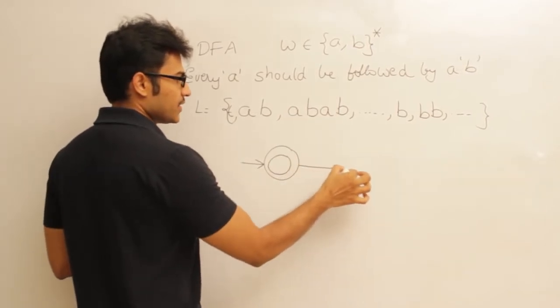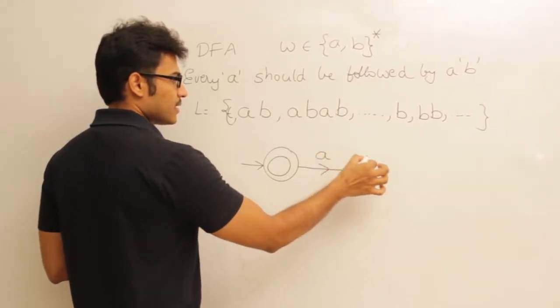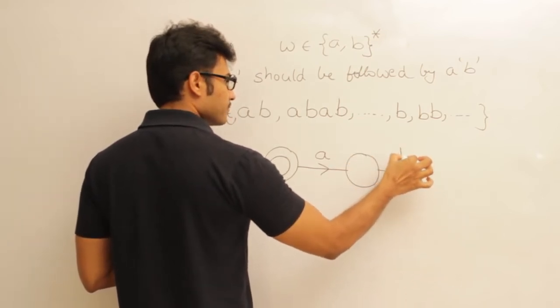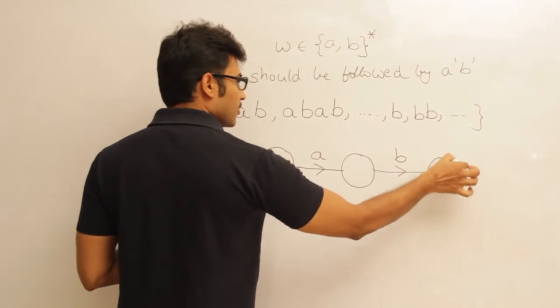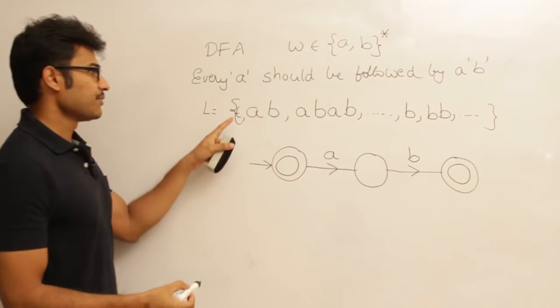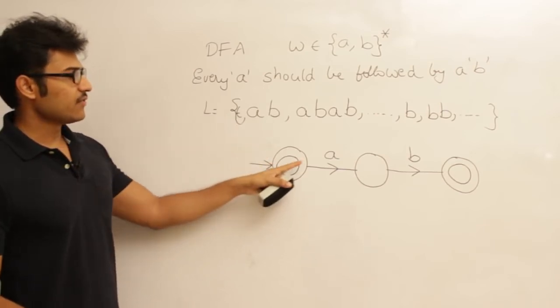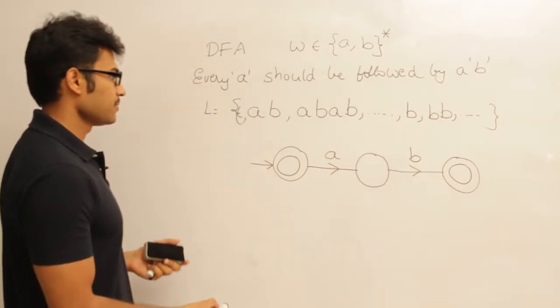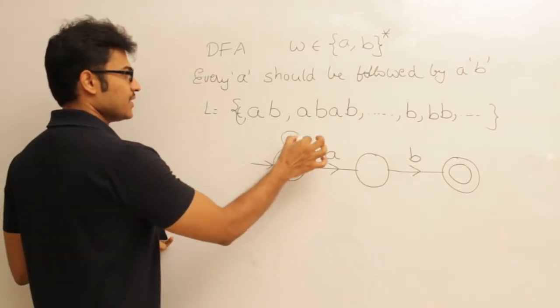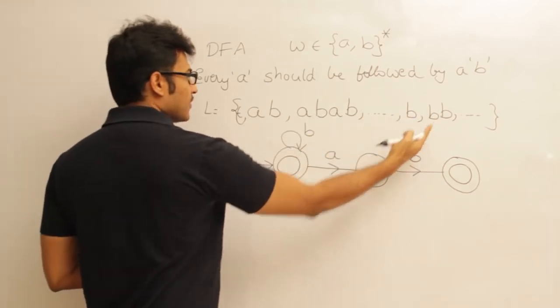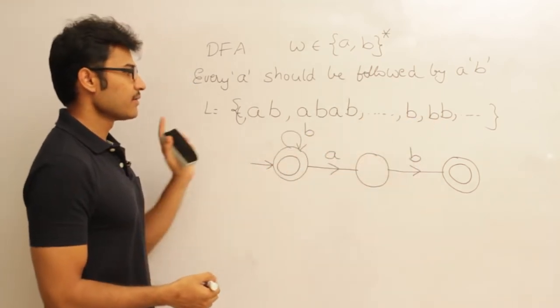And if I see an A, it should be followed by a B. Then I am going to accept it. And if I see any number of B's here, no problem, I am going to accept it, because any number of B's doesn't contain an A, right?